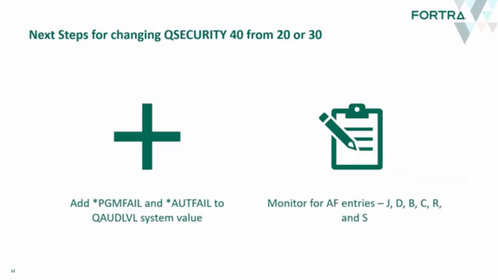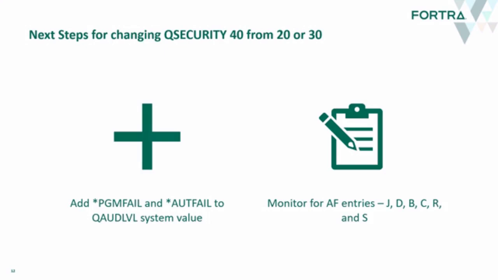Some of the other things that you're going to look for when you're moving from 20 or 30 to level 40, you're going to ensure you have program fail and authority failures in your audit system value. And those are going to allow you to log those events that I mentioned that at 40 will be a halt, right? They will stop that application, that job in its tracks.